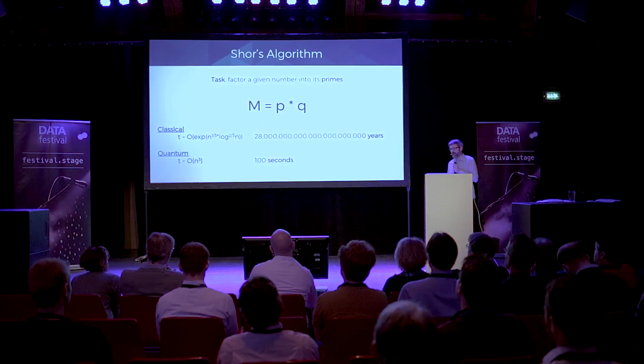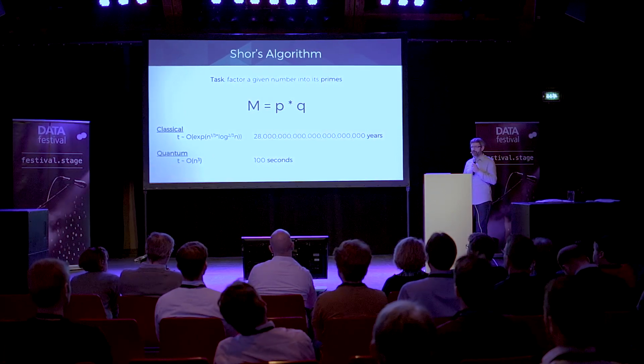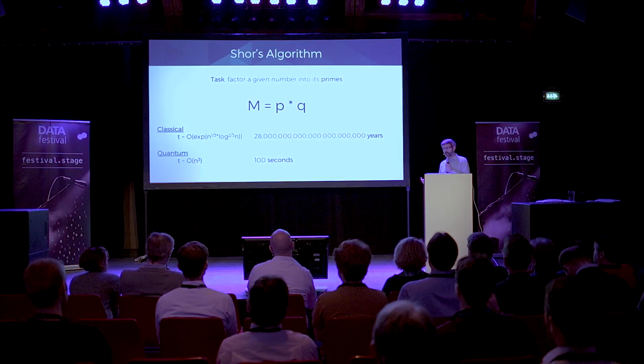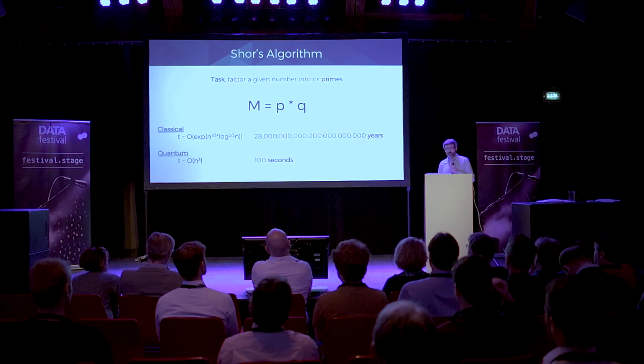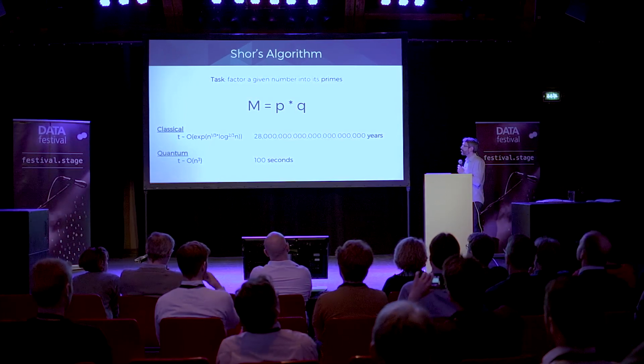If you do online banking or buy something at Amazon, in order to have this transaction secured, you're relying on some kind of encryption algorithm. And all these encryption algorithms are based on a mathematical problem which is hard to calculate, but easy to validate. So what does that mean?